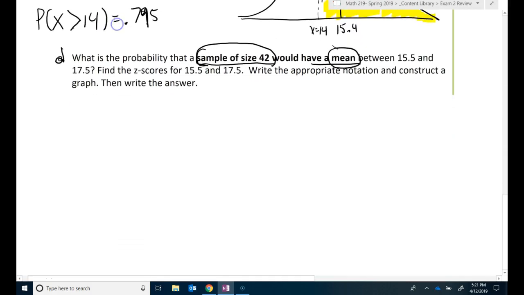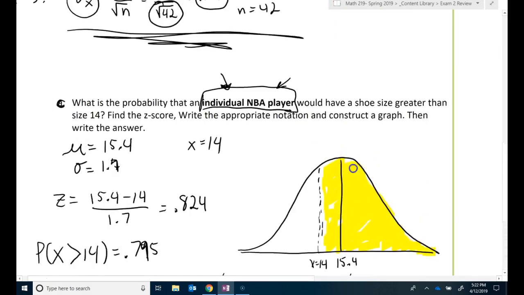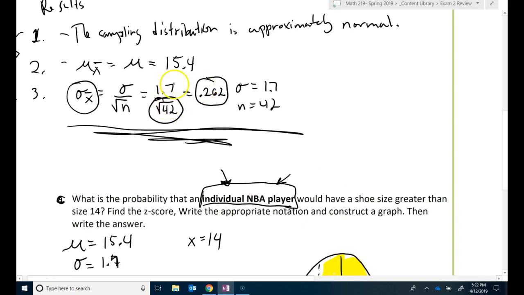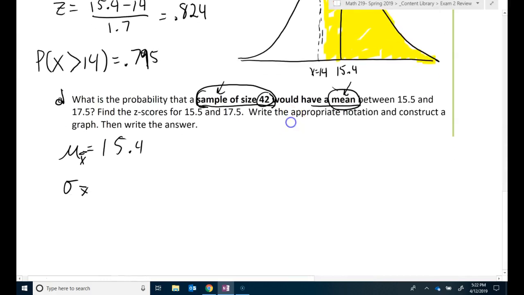Okay? Now that I've identified that I'm looking at the sampling distribution for the mean, right? Sample, mean. I now have mu is going to be, excuse me, 15.4, just like before, because mu of x bar equals mu of x equals mu. Then sigma of x bar, we found it for size 42 already. Sigma of x bar is going to be this value here, the 1.7 over root 42. So that's 0.262.